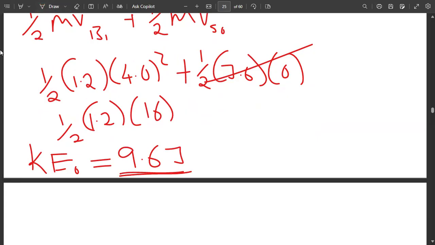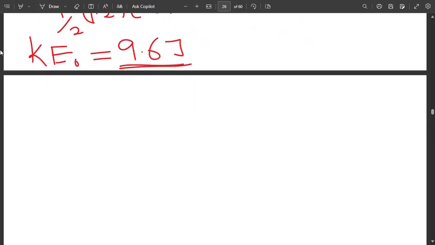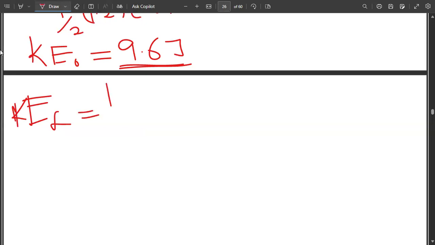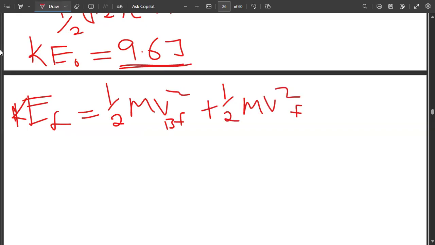Now let's check the final kinetic energy of the two objects. Let's say KE final will be equal to half mv squared final of B plus half mv squared final of S. So this is giving half 1.2.